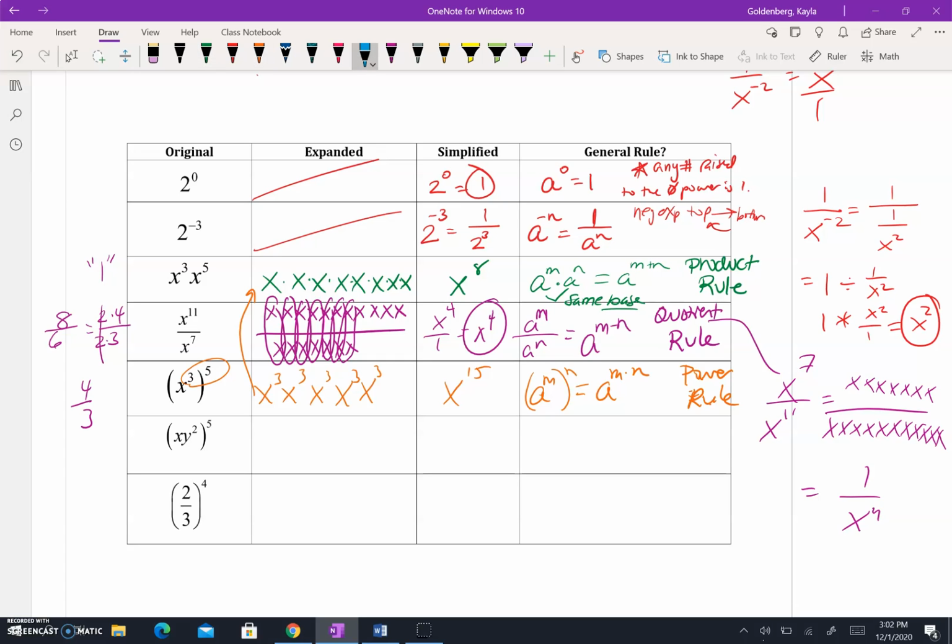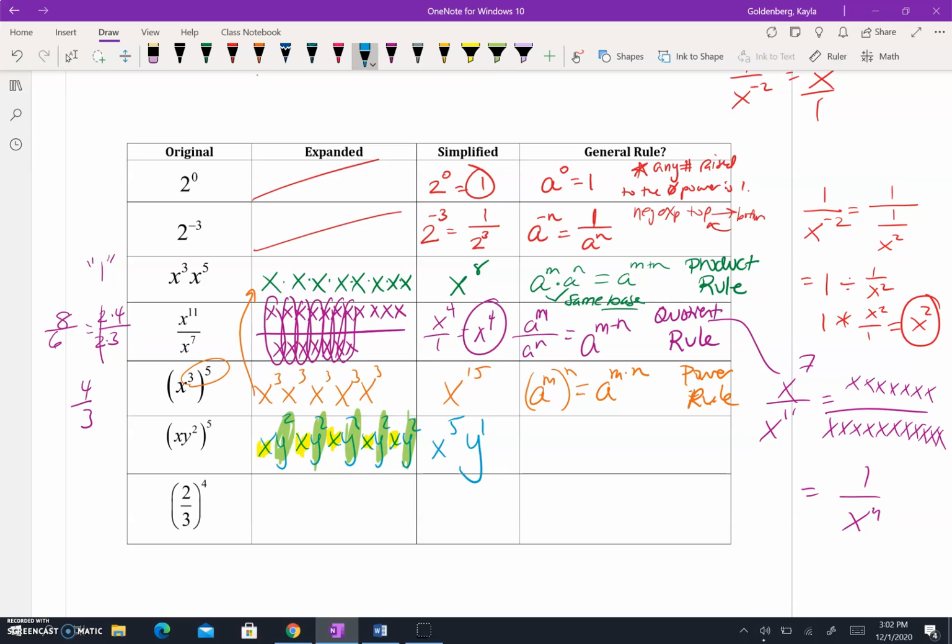Next one. So we've got xy squared to the 5th power. Okay, I think that's 5 of them. There we go. So if I were to put those together, notice I have 5 x's. So I could say that that's x to the 5th power. And I also have 2, 4, 6, 8, notice the squared, right, and 10.